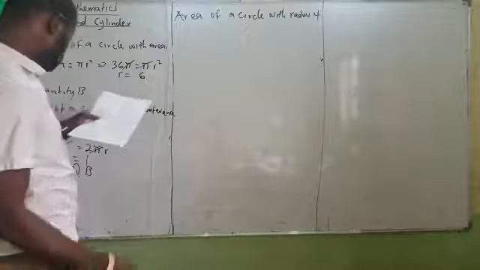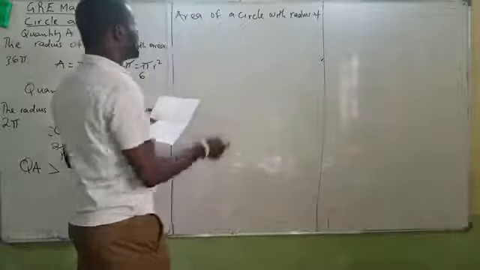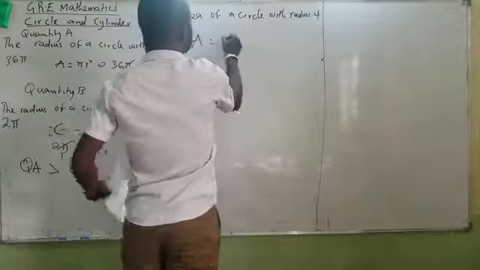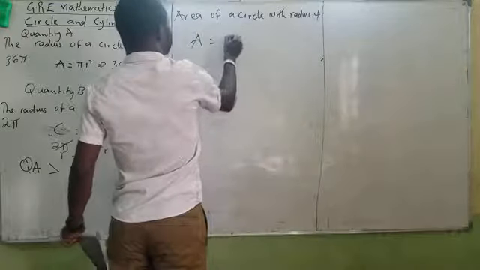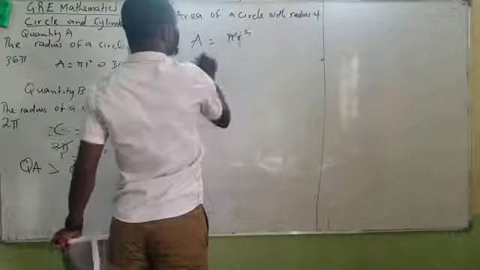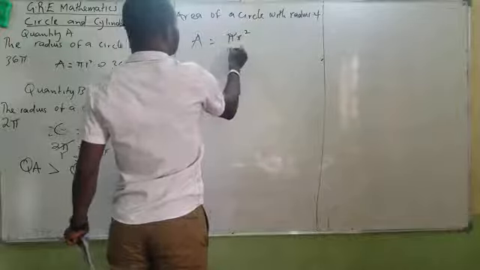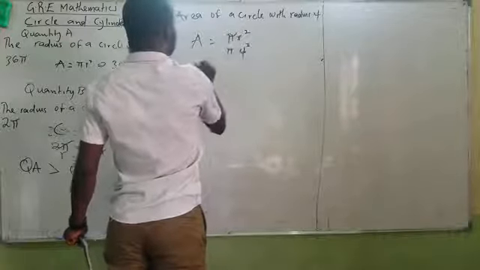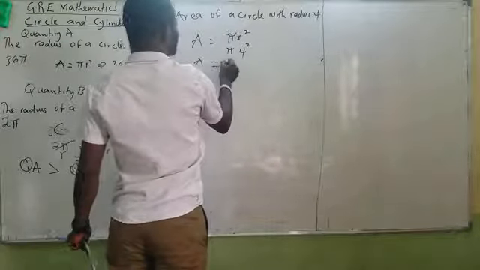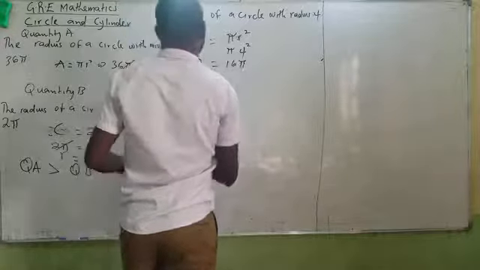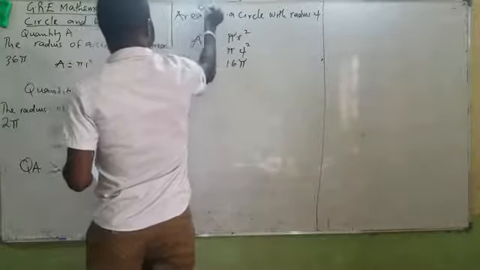What are we looking for? We are looking for area. The area will be equal to pi r squared, which is pi times 4 squared, so my area will be equal to 16 pi. Now, that is quantity A.